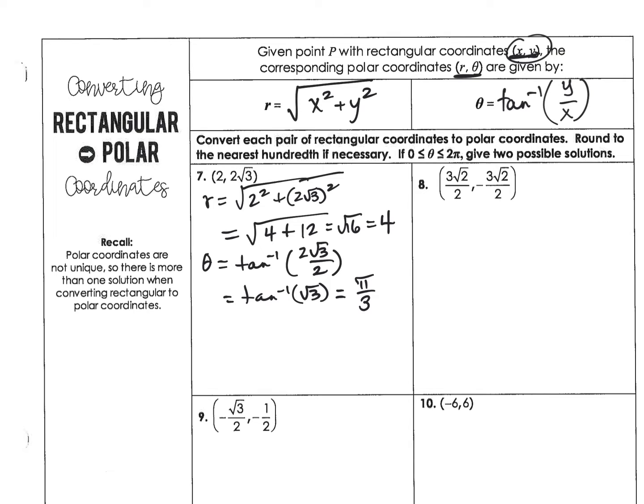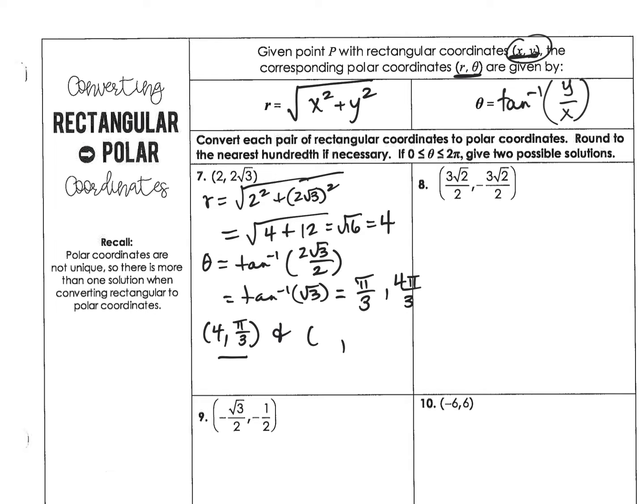Yes, thank you. Pi over 3, okay? So we're going to have the point 4 pi over 3. But if we do 4 pi over 3, that's not going to land that point in the same place, is it? So I need it to be here.